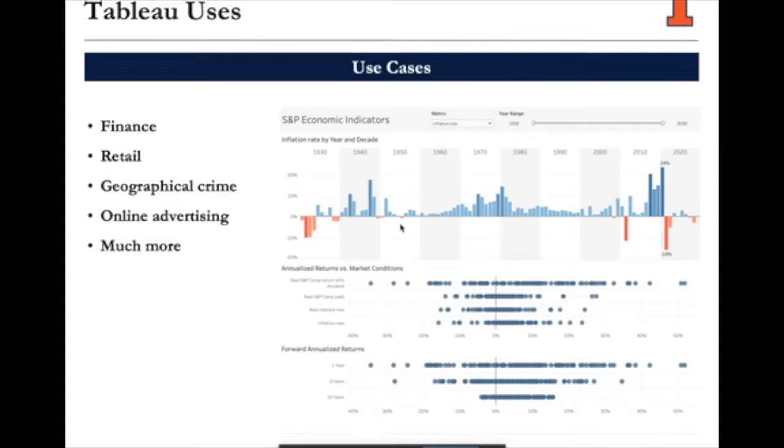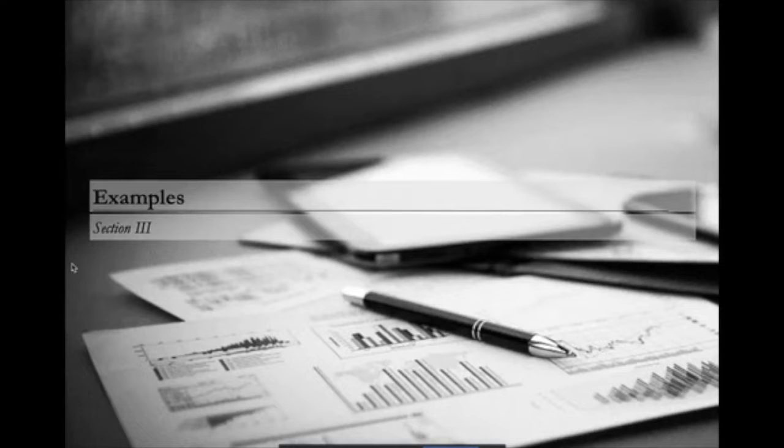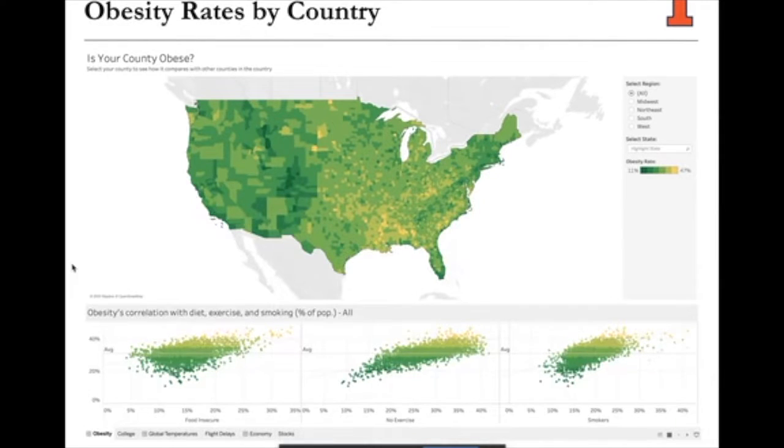So right here I have S&P economic indicators, and I just broke down some of the ways that you might want to use Tableau, which might be finance, retail, geographical crime, online advertising, and I could keep going on, but here are some of the graphs just so you can get an idea of what the software is capable of.